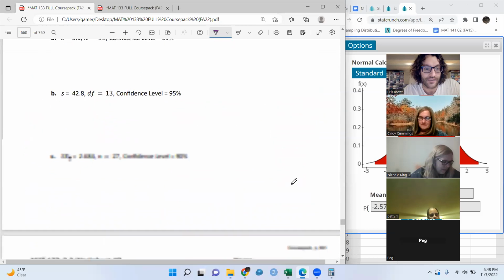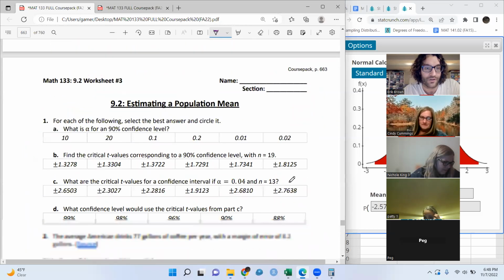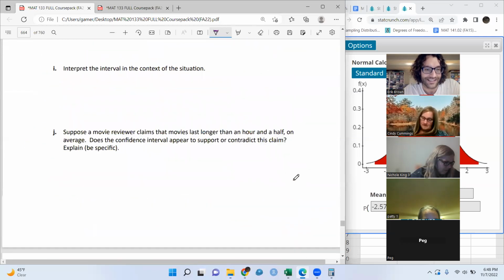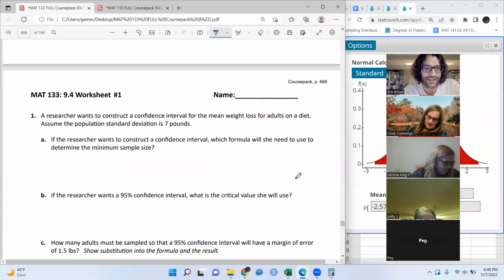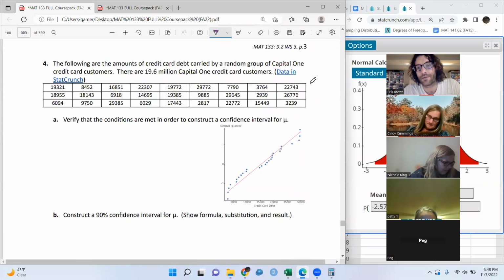Let me find it. Oh, they don't have a nice problem like that in there. One of the nice things about means is we give you a data set and there you go. But look at this.